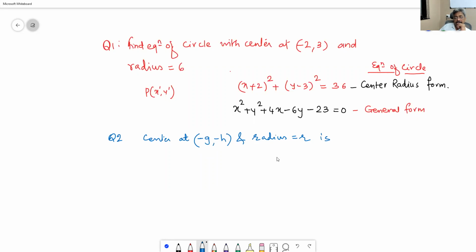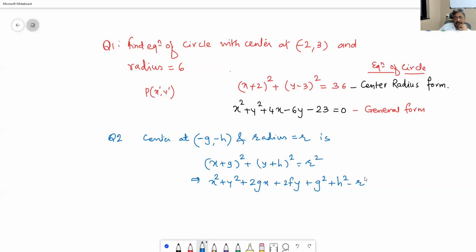It is (x plus g) squared plus (y plus h) squared is equal to r square, which is x square plus y square plus 2gx plus 2fy plus g square plus h square minus r square is equal to 0.